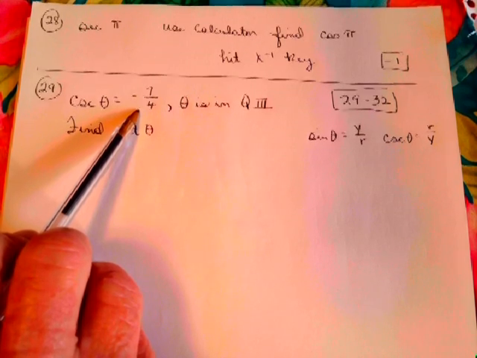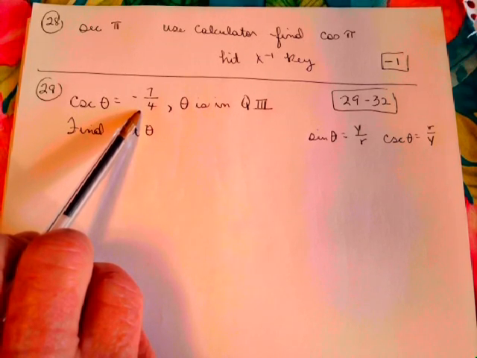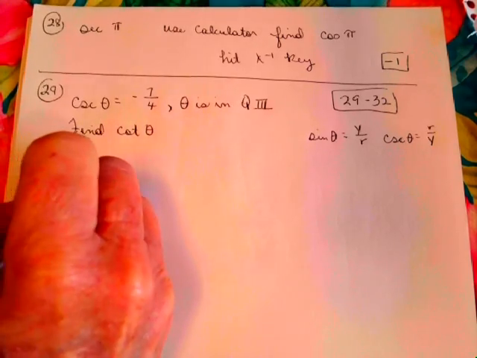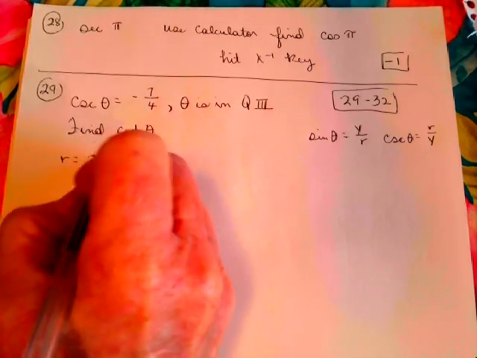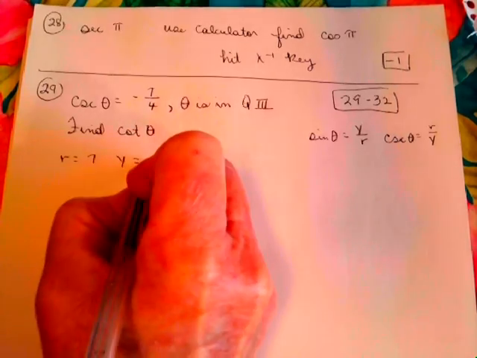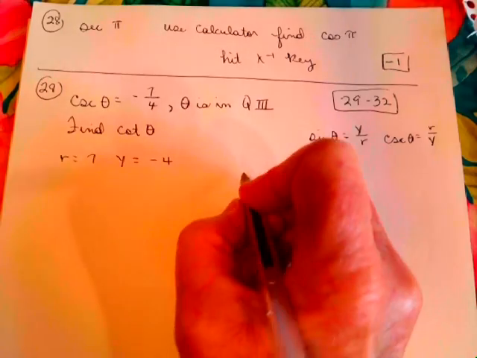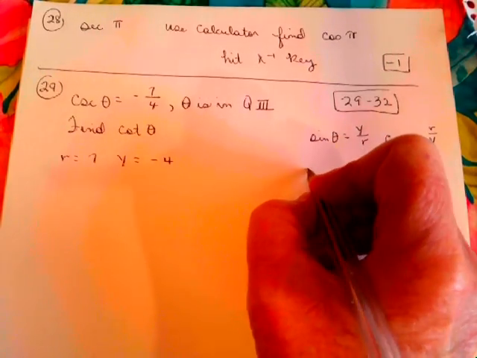You know that r is always positive, so you know that r equals 7, and you know that y equals -4. They want you to find cotangent of theta.